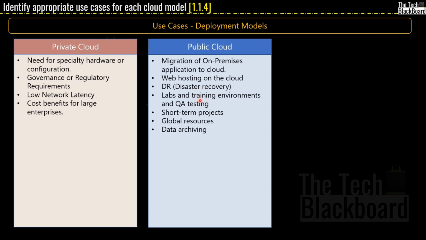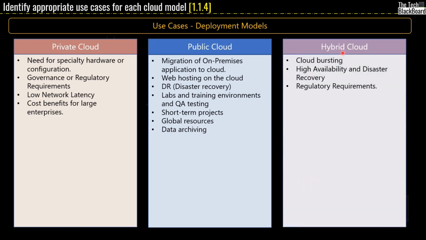Besides that, public cloud is also used for labs, training environments, and QA testing. A very interesting use of public cloud is short-term projects. When you are in need of short-term or temporary projects, public cloud is an interesting choice. Besides that, the need for global resources and data archiving are also good use cases for public cloud.